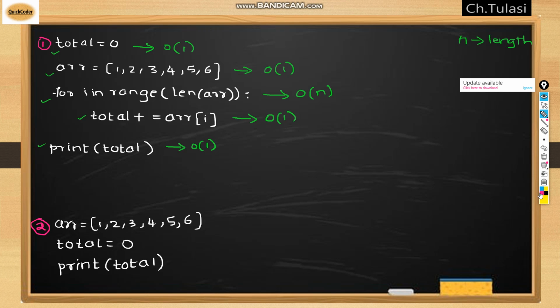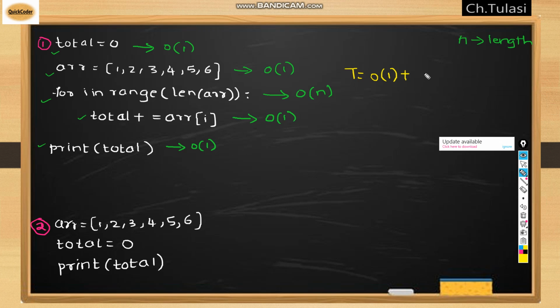Okay, let's analyze the total one. See here, t is equal to O of 1 plus O of 1 plus O of n into, because this O of 1 executes up to O of n, so O of n into O of 1 plus O of 1.